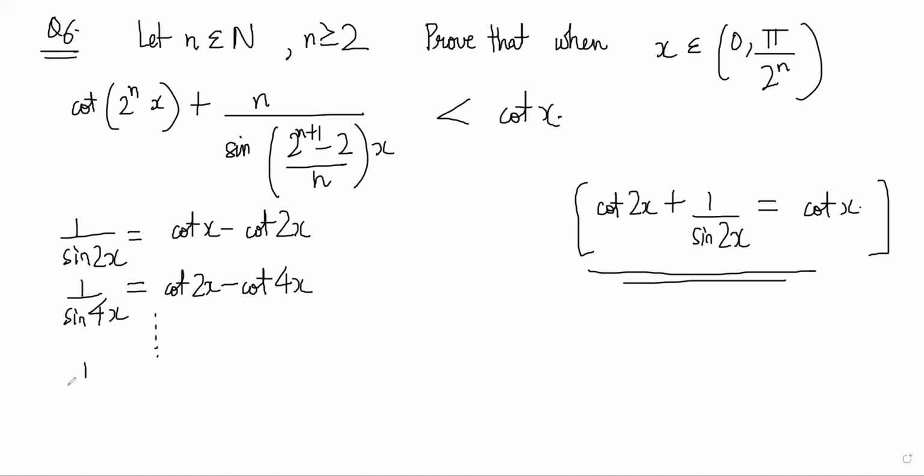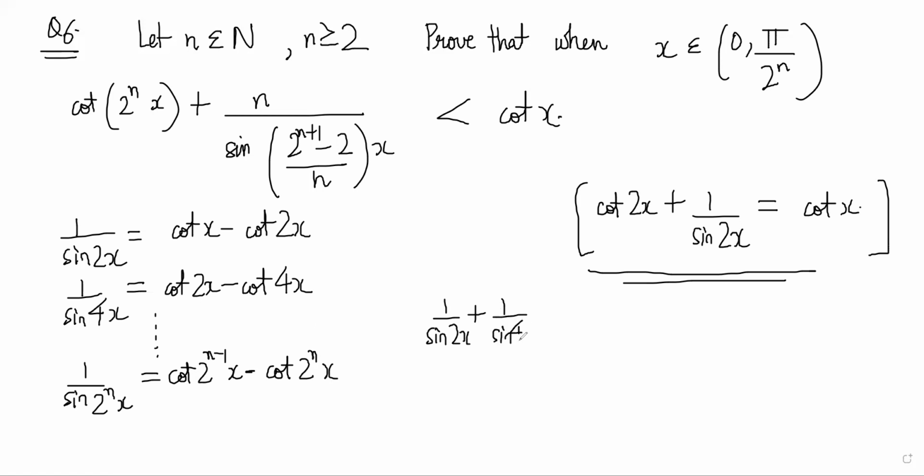So the final term I will take is 1 by sine 2 power nx, which will be equal to cot of 2 power n minus 1 x minus cot of 2 power nx. And if you add all the terms, what you end up getting is 1 by sine 2x plus 1 by sine 4x, and so on, till 1 by sine 2 power nx should be equal to, this becomes a telescoping series, all the terms get cancelled except the first part of the first term and the last part of the last term.